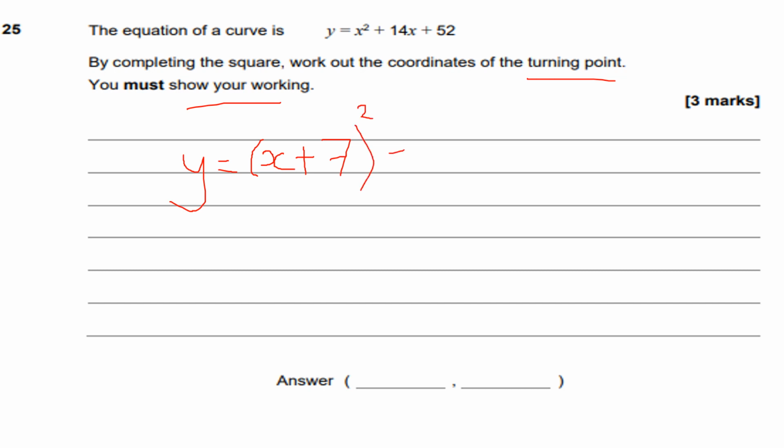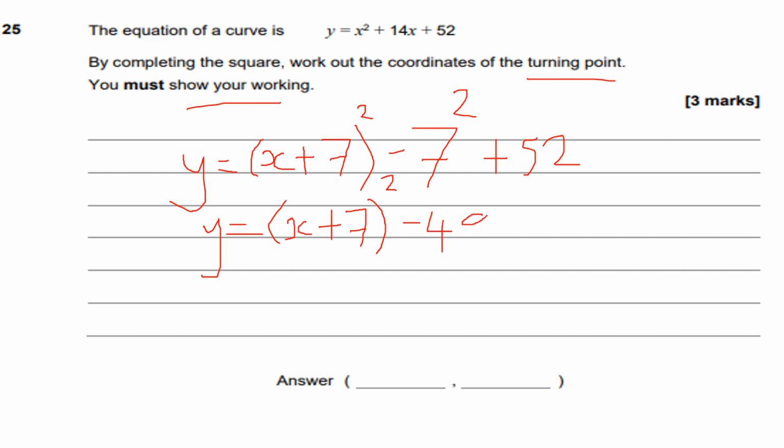Take away the square of that, so take away 7 squared, plus 52. So that's going to give me y is equal to x plus 7 all squared, subtract 49, add 52.